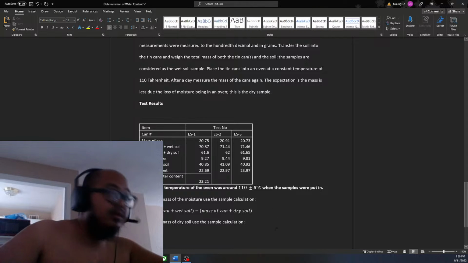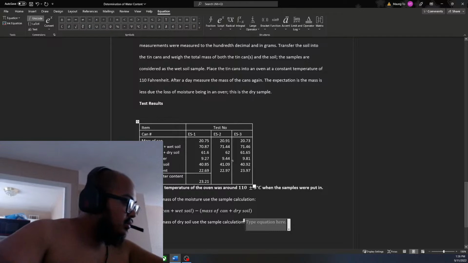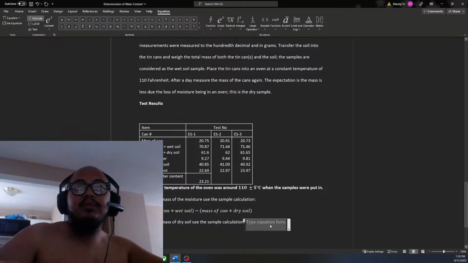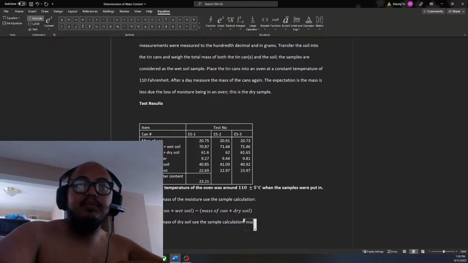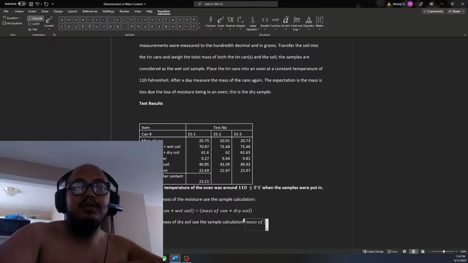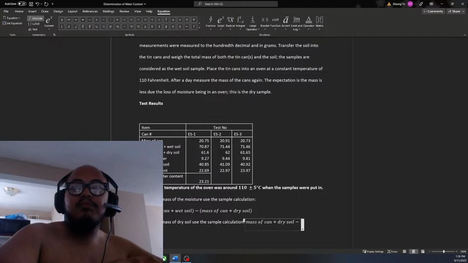The mass of can plus dry soil minus the mass of can.